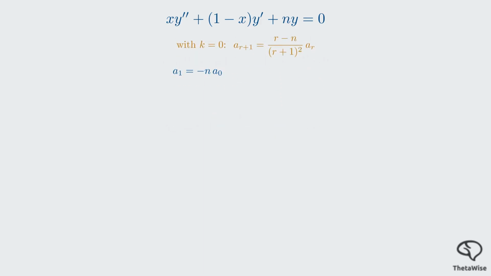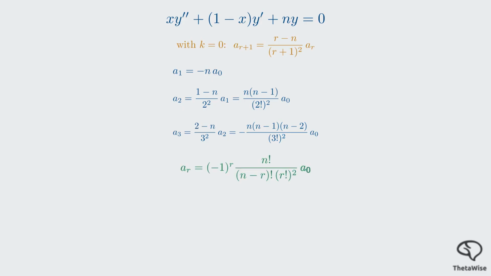Compute the first terms. a_1 equals negative n a_0. Next, a_2 equals (1 minus n) divided by 2 squared times a_1, which equals positive n times (n minus 1) divided by (2 factorial) squared times a_0. Then a_3 equals (2 minus n) divided by 3 squared times a_2, giving negative n times (n minus 1) times (n minus 2), divided by (3 factorial) squared times a_0.